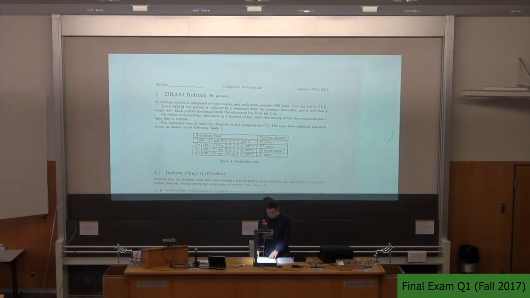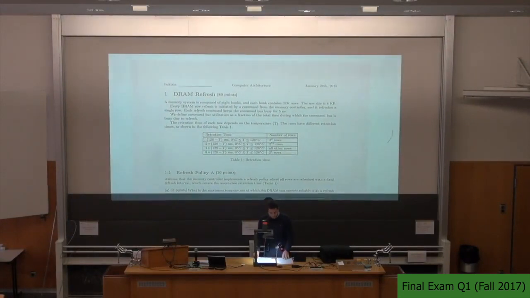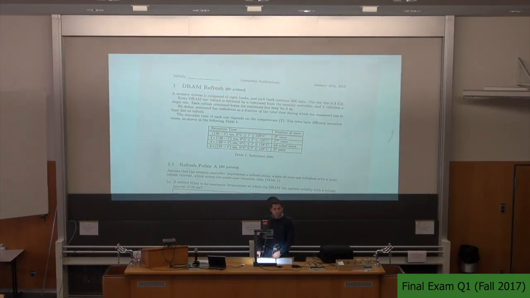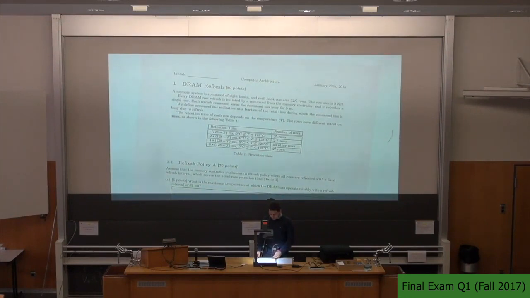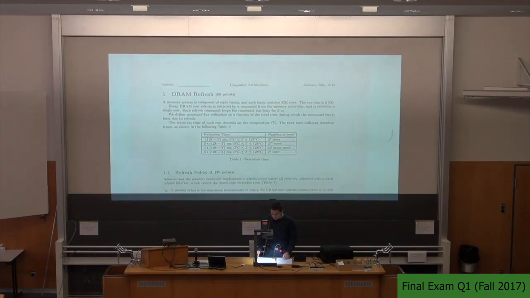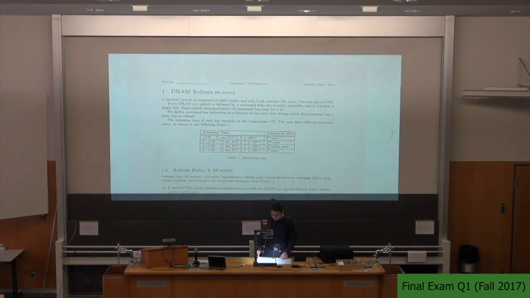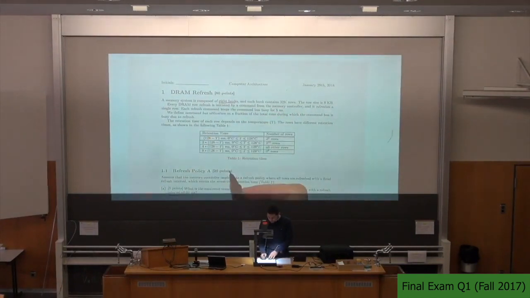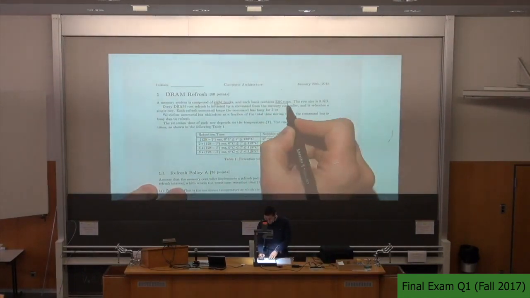This question appeared in the final exam last year, and it is about DRAM refresh. We are given multiple refresh policies, and based on these policies we are asked to solve the questions. We have a memory system with 8 banks, and each bank contains 32K rows.